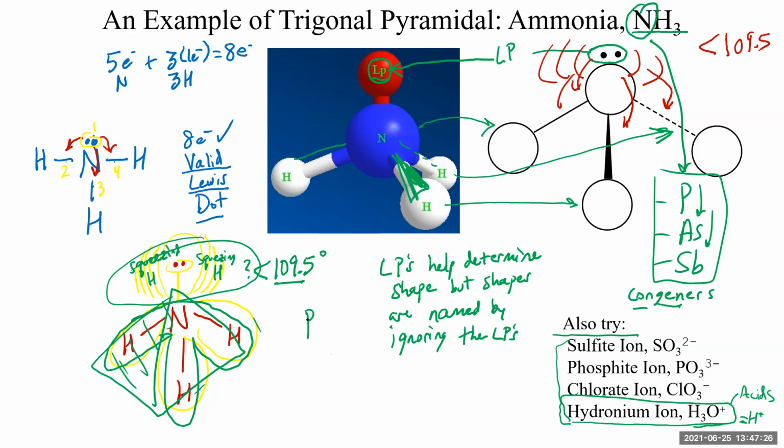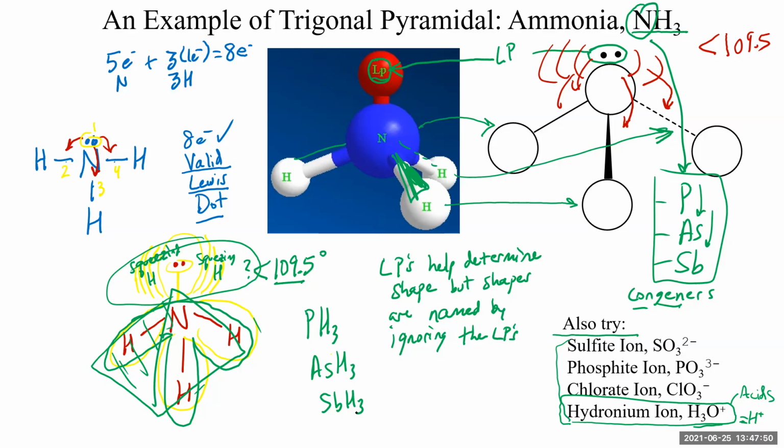So for example, there is such a thing as PH3 called phosphine. There is such a thing as AsH3 called arsane. And there is such a thing as antimony H3. Okay, I don't know what the name of stibnium trihydride would be, so don't ask.